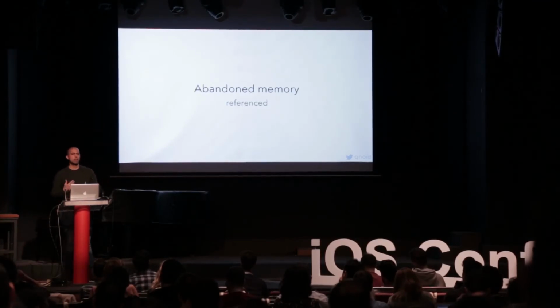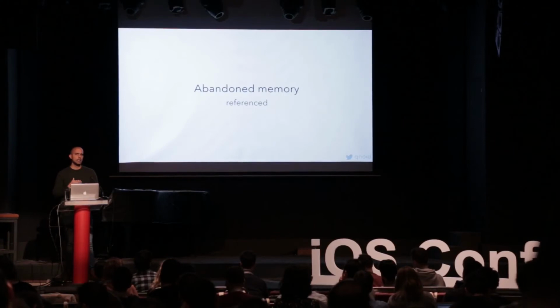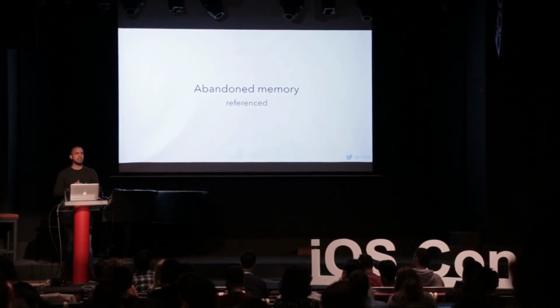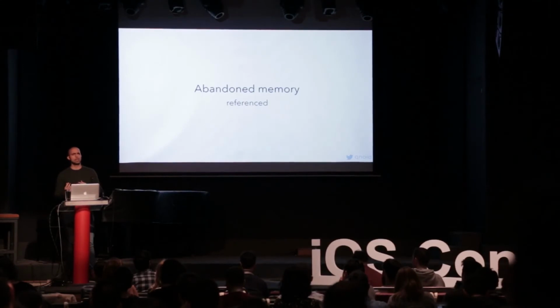The other thing is abandoned memory that you have to be mindful of when it comes to memory usage and profiling. I see there's a misconception between what abandoned memory is and what leaks are and what retain cycles are. There's a lot of misconception around this.